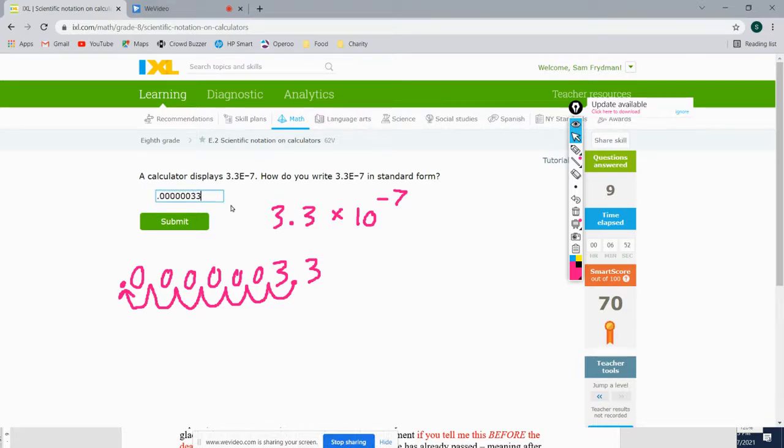Do not put the decimal point over here where it started because we moved it. Now it's over here. Okay, and I think IXL would accept it this way if I just hit submit like that, but you could also put a 0 in front of the decimal point. It's very common to do that.